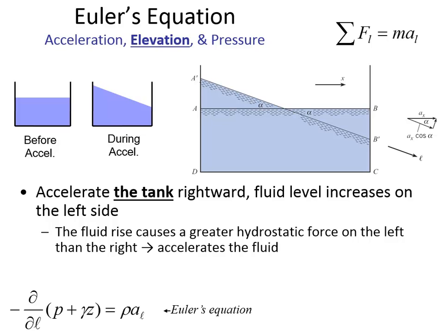As we accelerate the tank to the rightward, the fluid level increases on the left side. So here, when we apply Euler's equation, we're going to have a location 1, we're going to have a location 2. But instead of just answering how is the pressure different between those 2 points, Euler's equation can also answer how is the elevation different. So instead of solving for P, we can solve for Z.